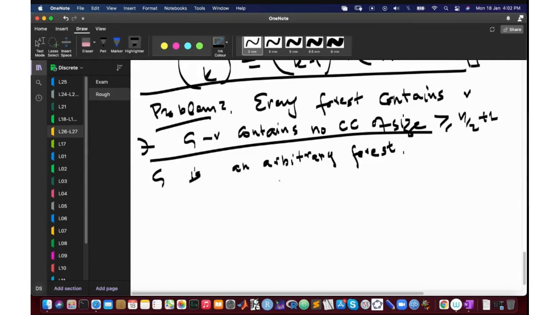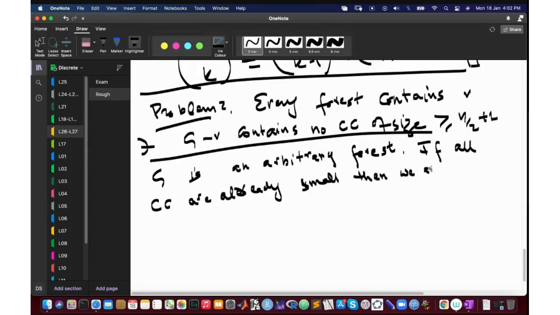Okay, it could be disconnected. So what you do is, if all connected components are already small, okay, हो सकता है connected component पहले से ही small हो, then we are done. Right?